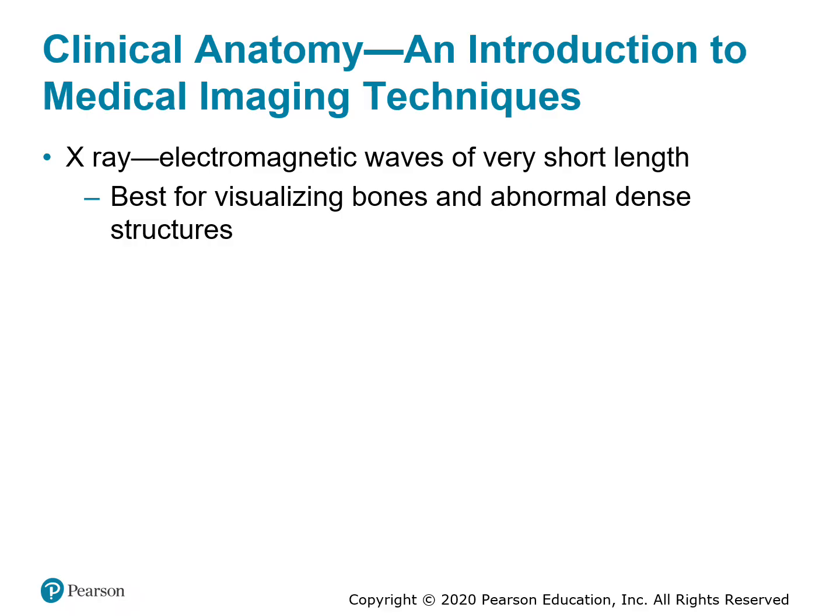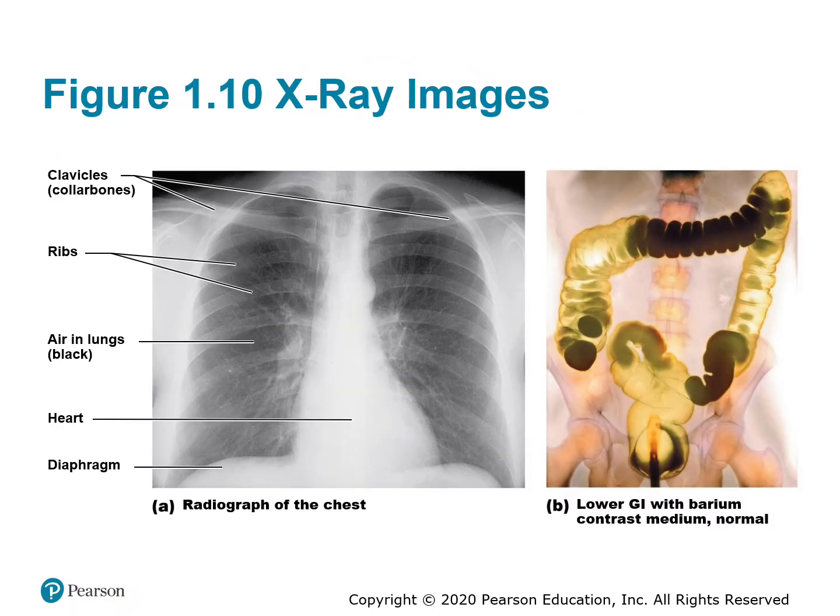X-ray uses electromagnetic wavelengths to visualize bones and dense structures. That's an X-ray. The dense structures turn up more whitish, clear, and the things that have air in them, like your lungs, end up kind of gray.